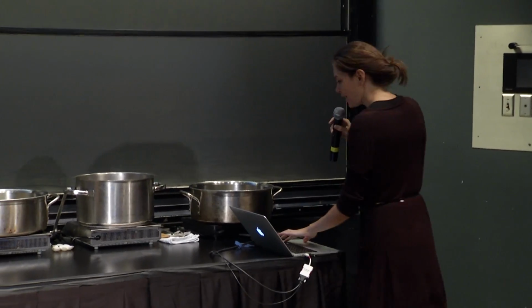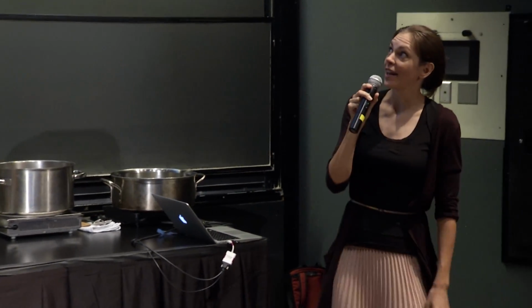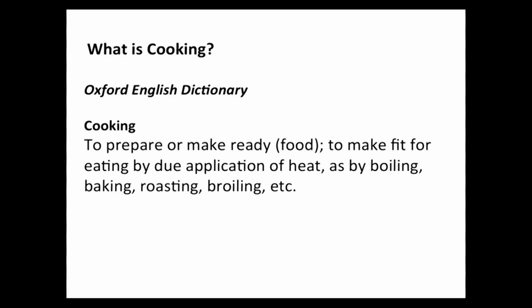Okay, make the food edible. I like that. So if you go to the Oxford English Dictionary, it says to prepare or make ready food. So that's kind of along the lines of what you're saying. And then it mentions the heat. It says to make fit for eating by due application of heat, as by boiling, baking, roasting, broiling, etc.